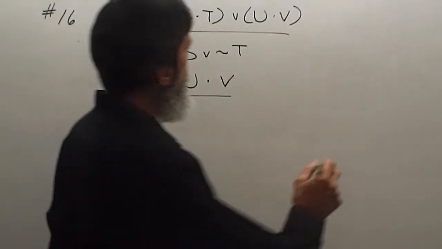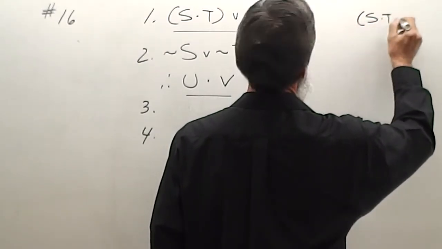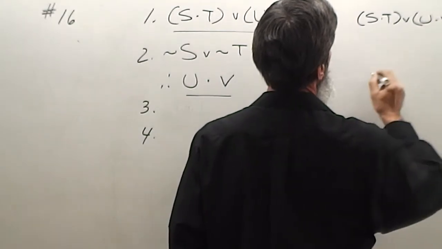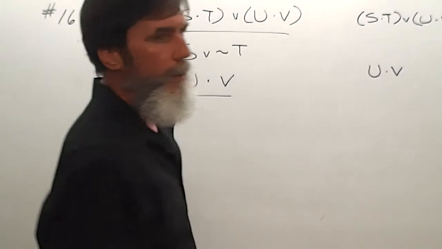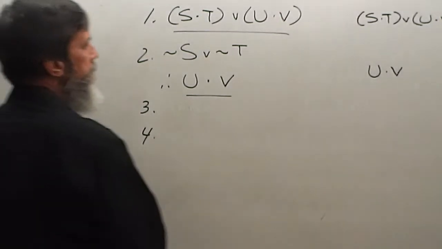Second, let's go ahead and have a look at that disjunctive syllogism off to the side. You should be able to figure out what the second premise has to be.